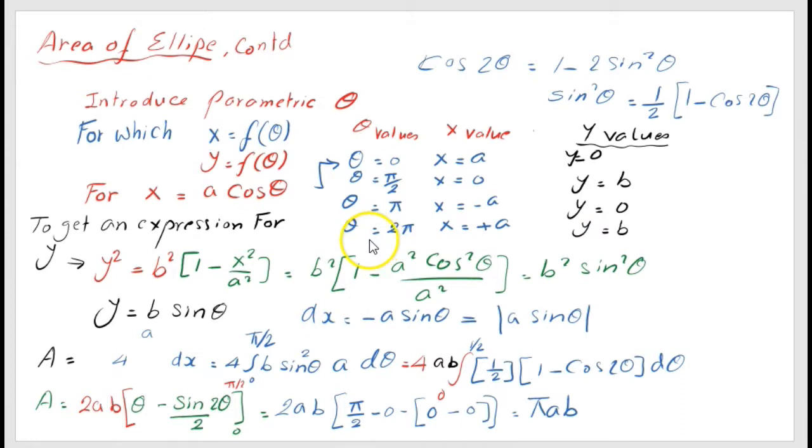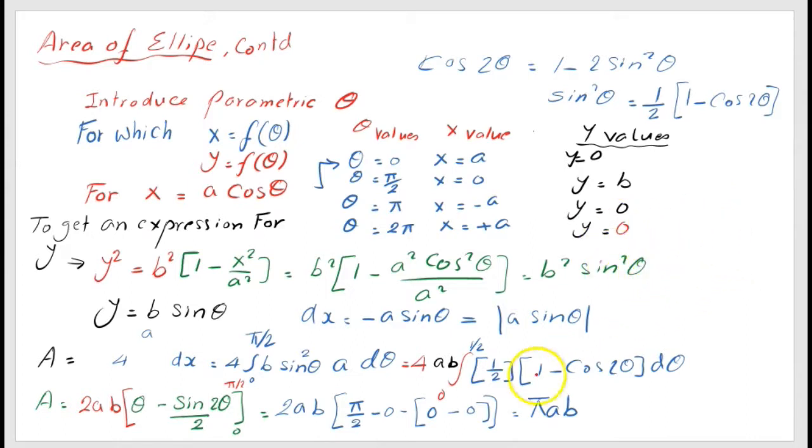At the end, when theta equals 2 pi, sine 2 pi would be equal to 0, and that's why y will be equal to 0. So by the combination of x and y, we will find that our ellipse points are achieved.